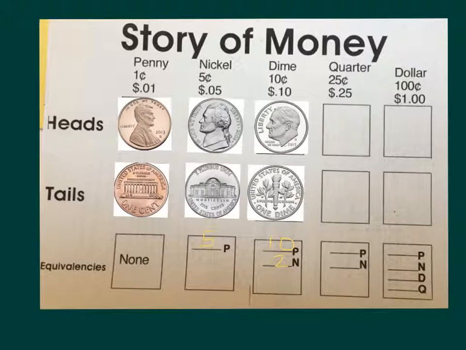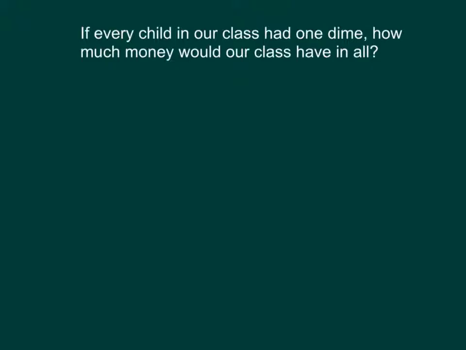I also know that 2 nickels goes into 1 dime, because that equals 10 cents. Now let's think. If every child in our class had 1 dime, how much money would our class have in all?